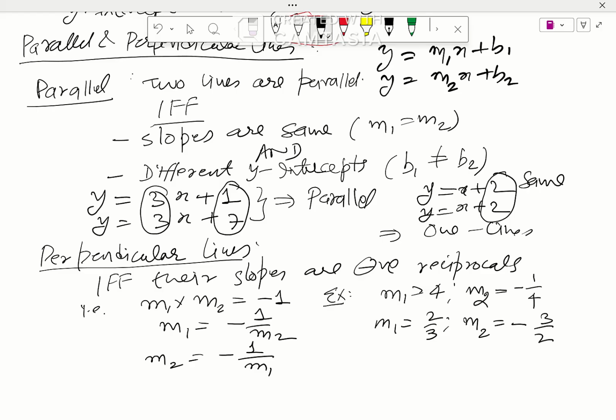So essentially what we are doing is flipping the fraction. So to find the slope of the perpendicular line, you just flip the fraction and change the sign. If it's negative, make it positive. If it is positive, make it negative.